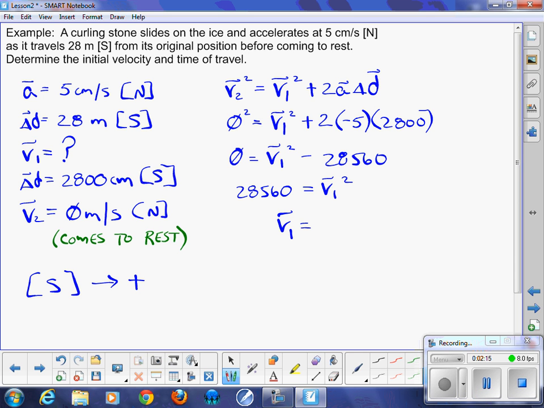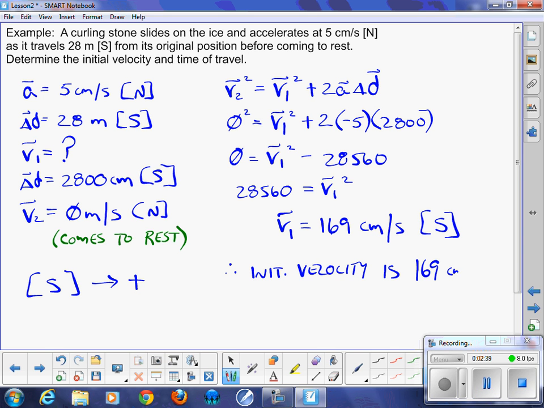Taking the square root of both sides, V1 is, let's call it 169 centimeters per second. It's a positive answer. So positive answer means it's in my assumed positive direction. So it will be south. All right, so therefore, initial velocity is 169 centimeters per second south.